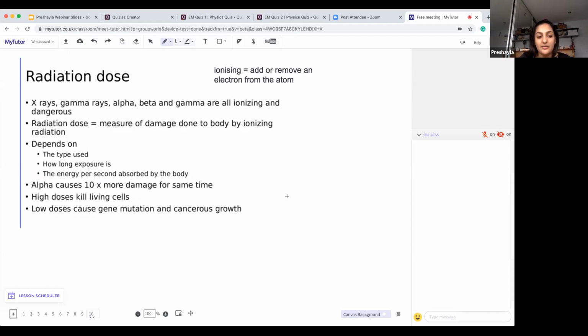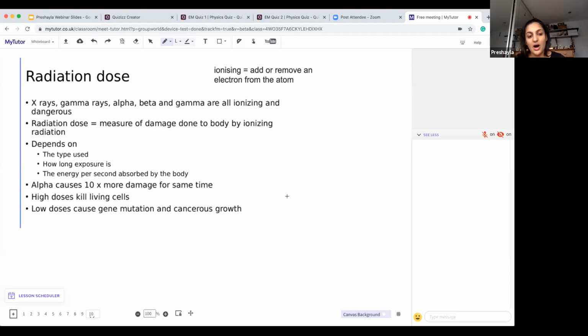Now, alpha, for example, causes 10 times more damage than X-rays, even though you're being exposed to it for the same amount of time. So what that means is, if you go in for an X-ray, it's not going to take longer than a minute, usually. If you were exposed to an alpha source for a minute also, you would get 10 times more damage than having an X-ray.